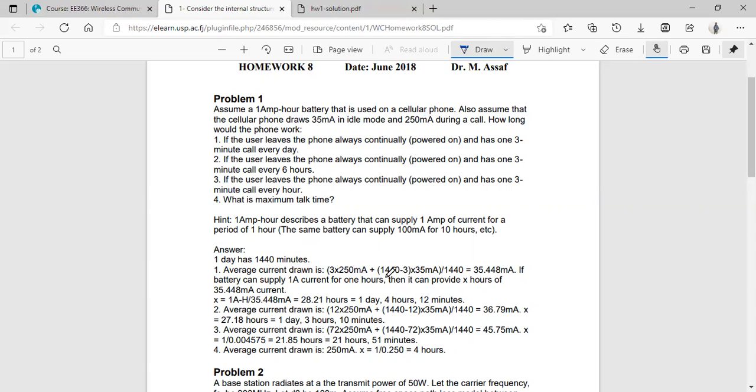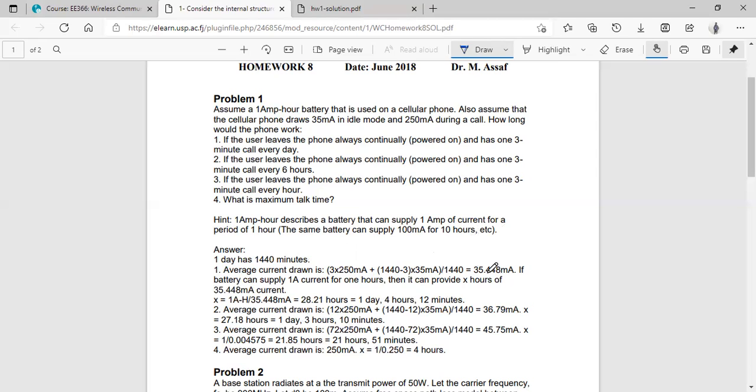The remaining time, the phone is in idle mode, and in idle mode the battery consumption is 35 milliamps. So this is finding the average current drawn in that whole day.